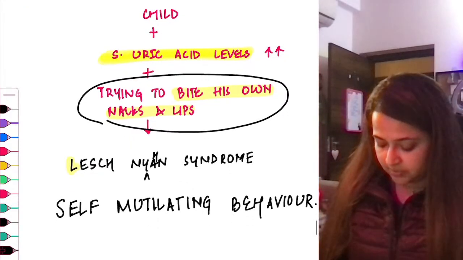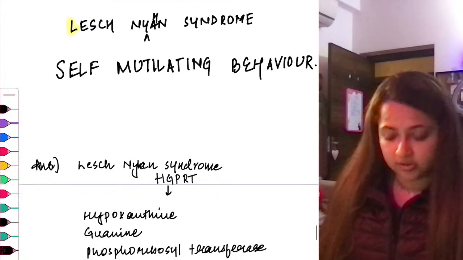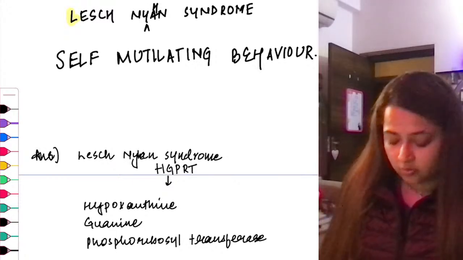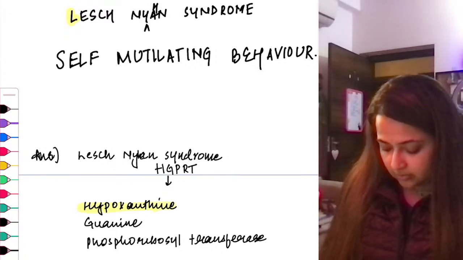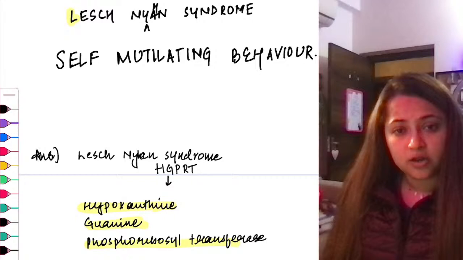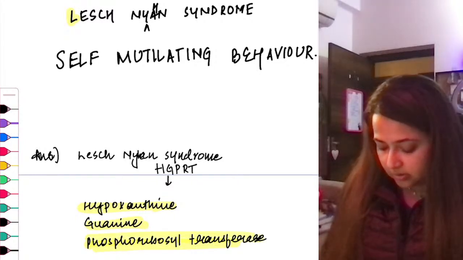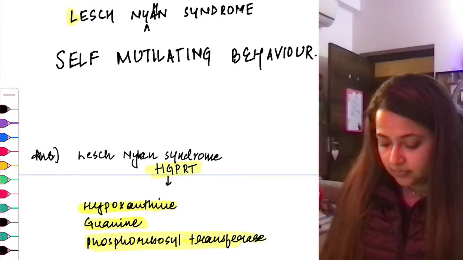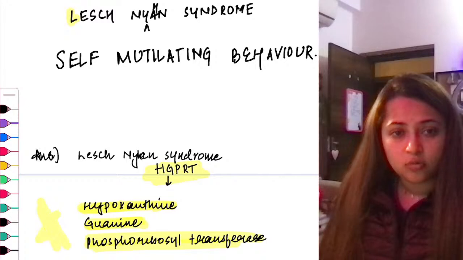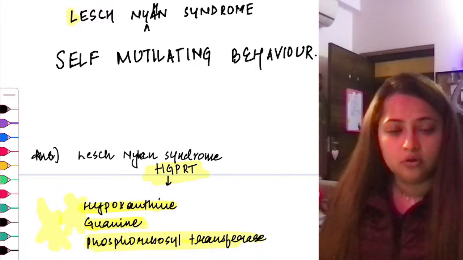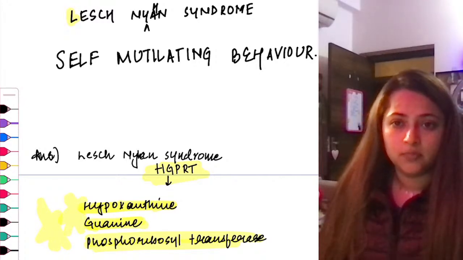So what is this HGPRT? Let us try to know this. HGPRT stands for hypoxanthine guanine phosphoribosyl transferase. This enzyme is deficient in Lesch-Nyhan syndrome and this is very, very high yield, guys. So learn the name of this enzyme.